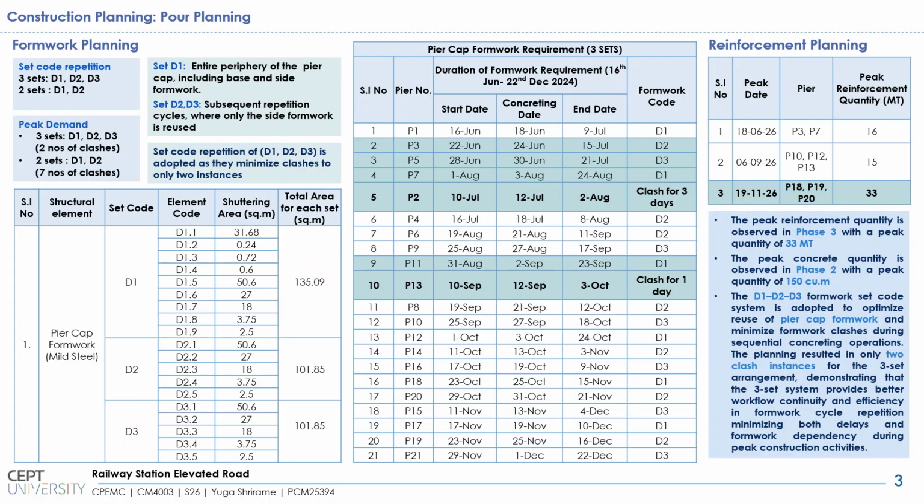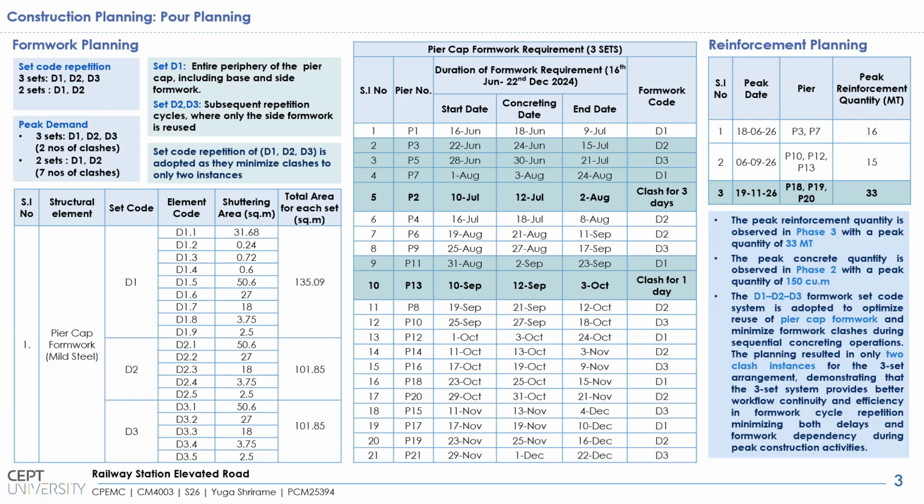For the formwork planning, two trials were done for the set repetition of the formwork, wherein the first trial comprised repetition of 3 sets of formwork, D1, D2, D3, and the second trial comprised formwork repetition of 2 sets, D1 and D2.